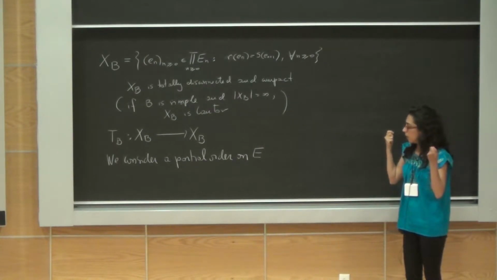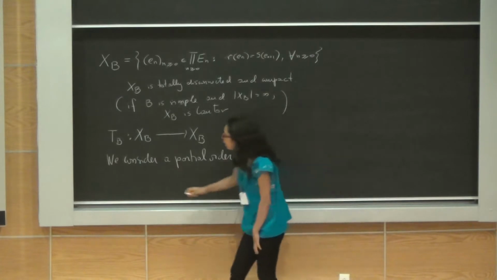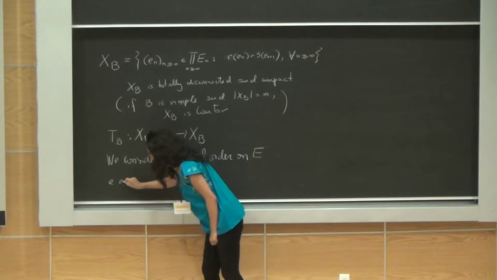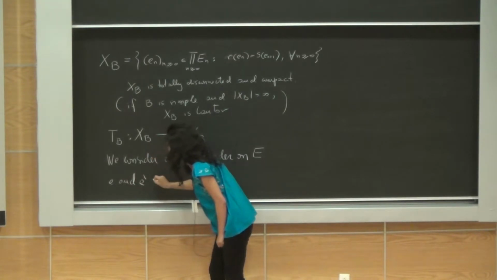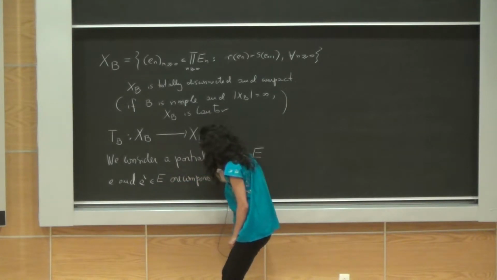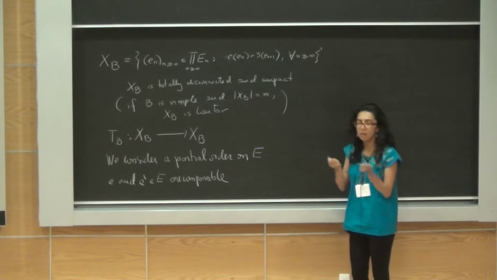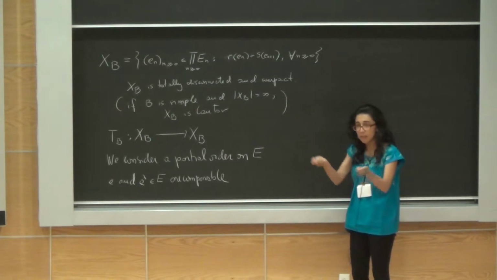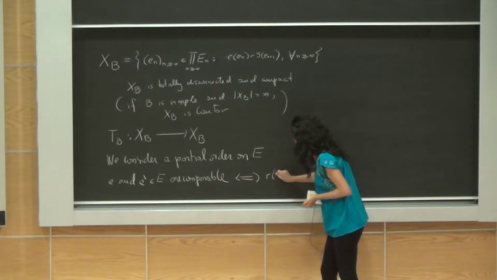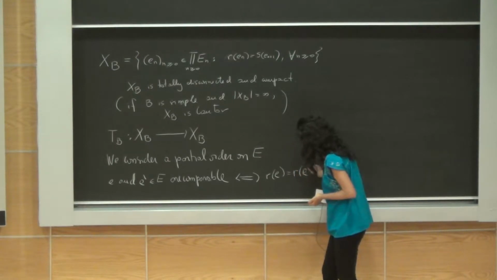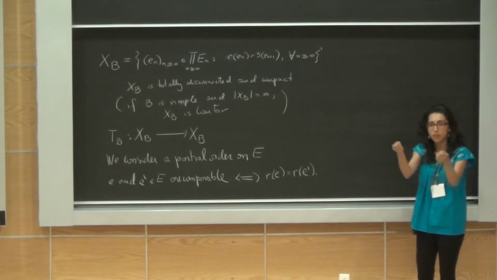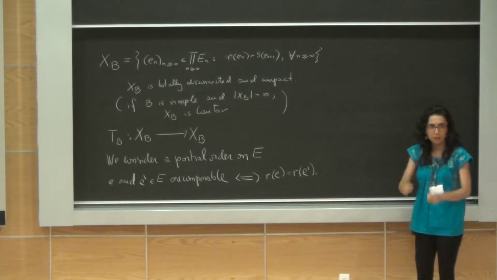And the order will be in such a way that two edges are comparable if and only if they arrive to the same vertex. So this is an order that compares just edges which are arriving to the same vertex.